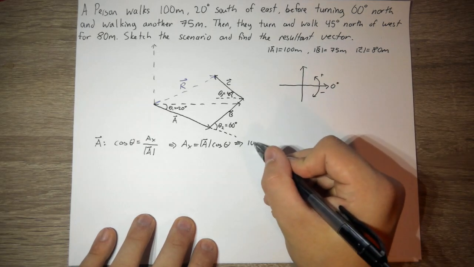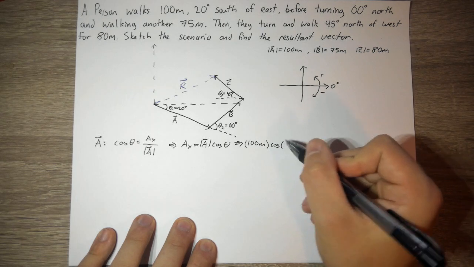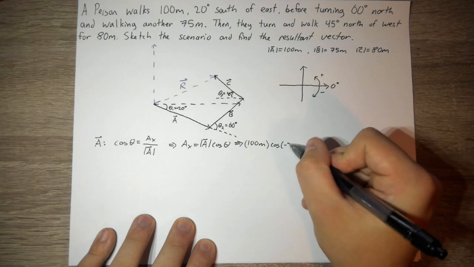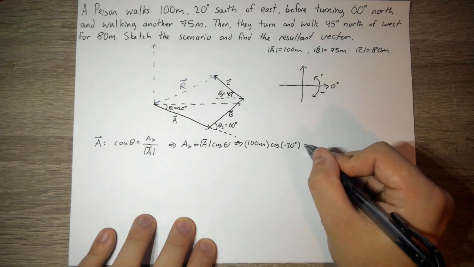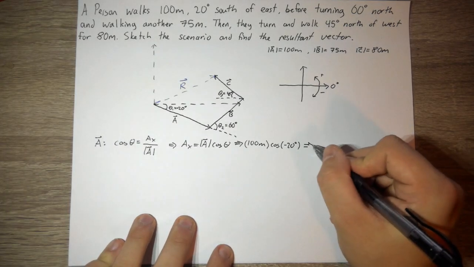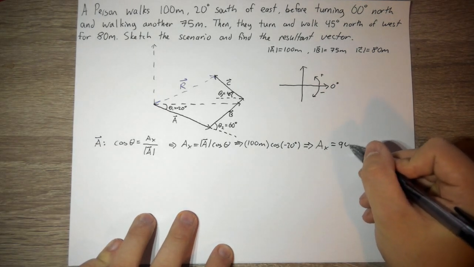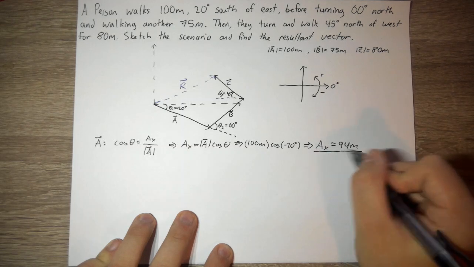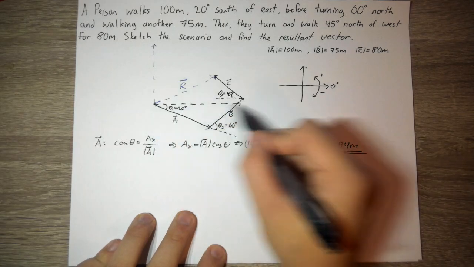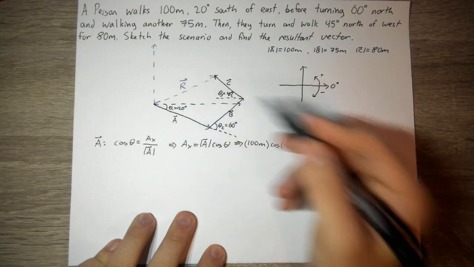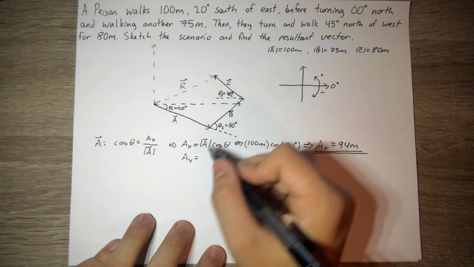Our magnitude of A is 100 meters, and then cosine of negative 20 degrees, and that gives us a positive value, 94 meters. And you can tell you want it to be positive because we're going along the positive x-axis here. So you can make checks like that as you go.